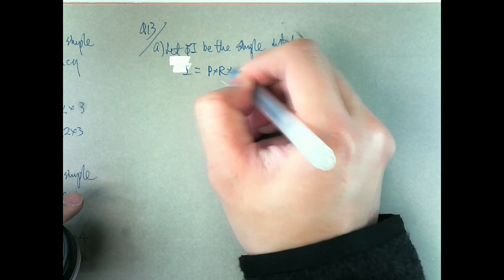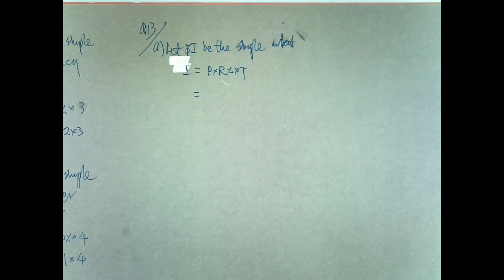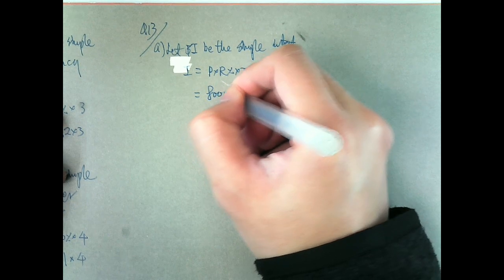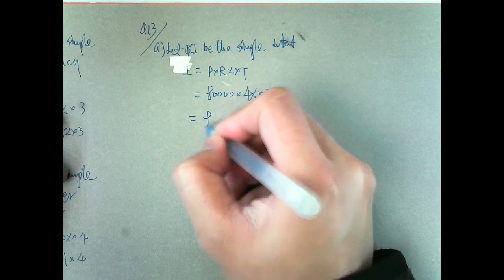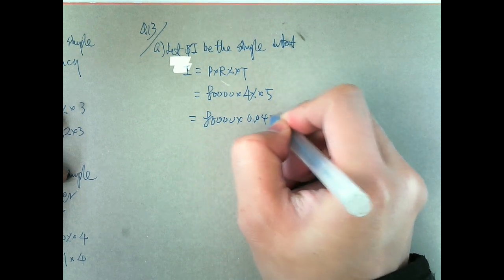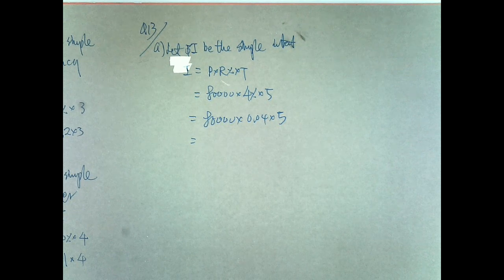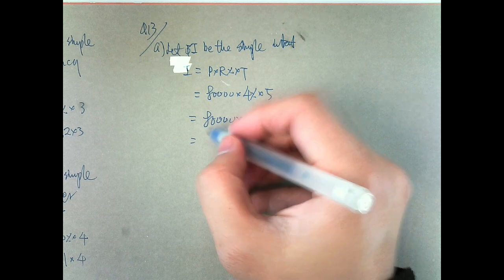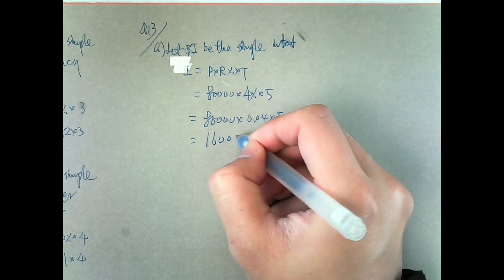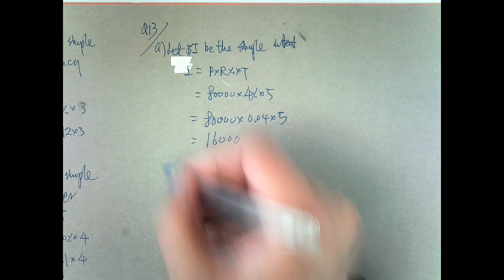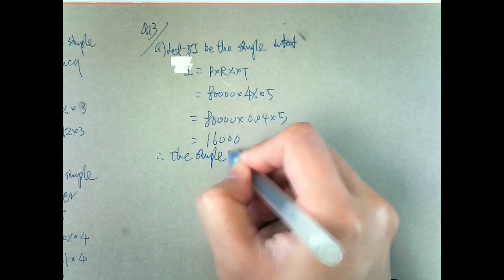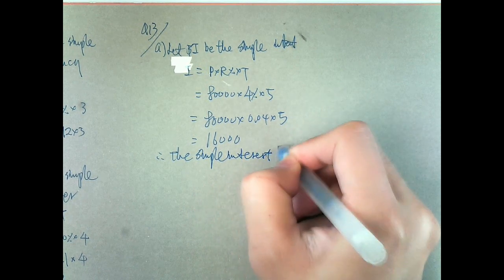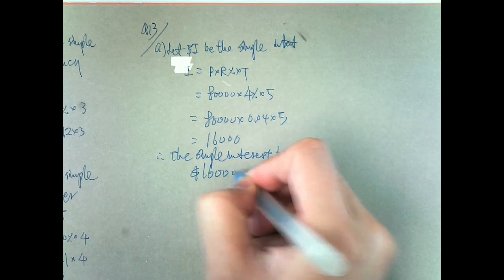P times R% times T. So for the P is 80,000 times 4% times 5 year, okay? Make it decimals first, then go to your calculator. So this is 16,000. So the simple interest is 16,000. Understand?